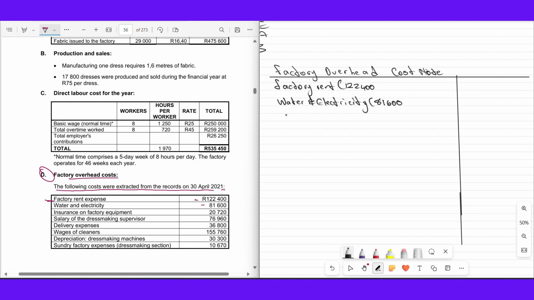Then we have insurance to factory equipment. So we are going to record insurance. Open your bracket. How much is it? 20,720.